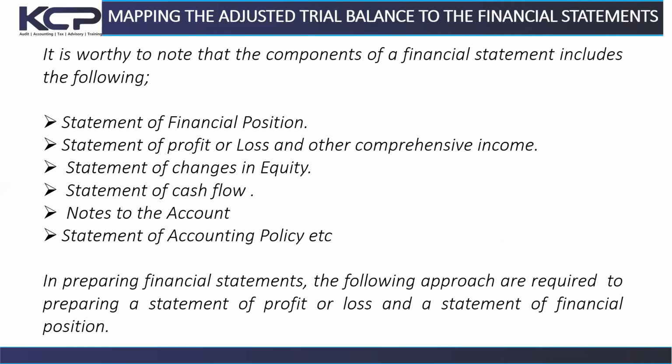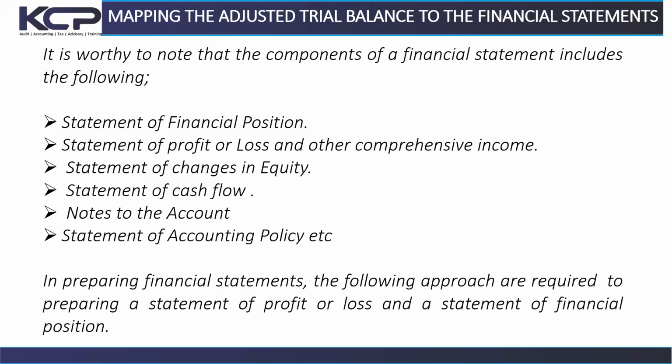IAS 1, among the many IAS, is one of those standards that talks about what should be the components of our financial statements. So the standard provides that the following should be the components of the financial statements. One, the statement of financial position.